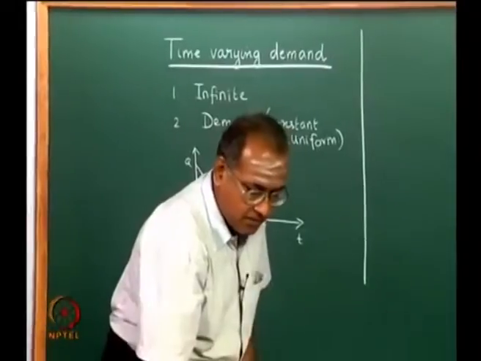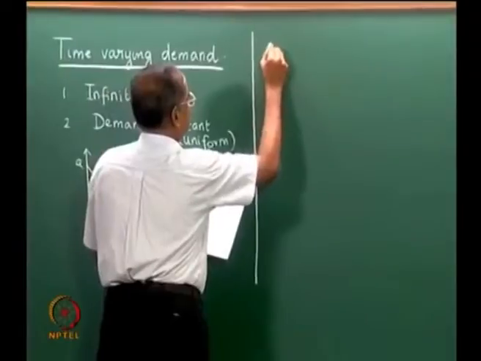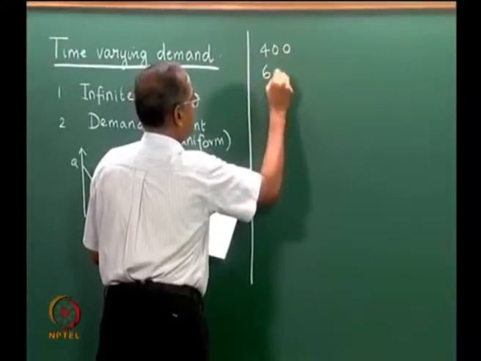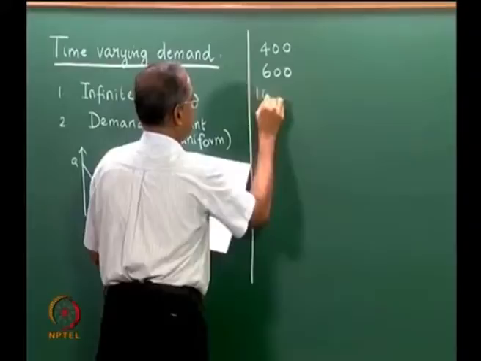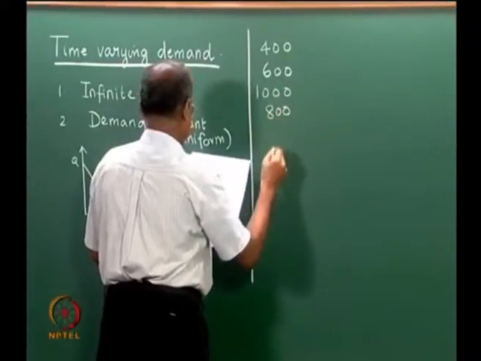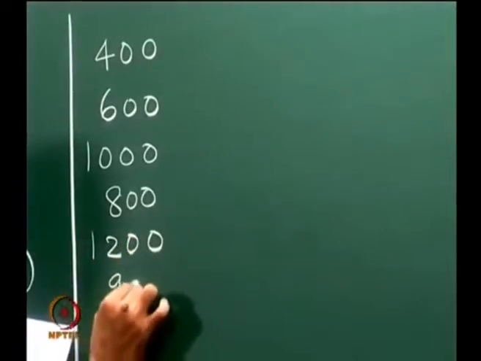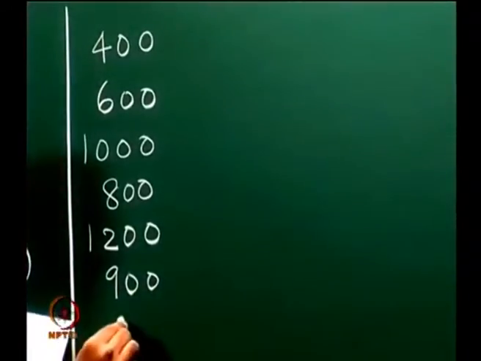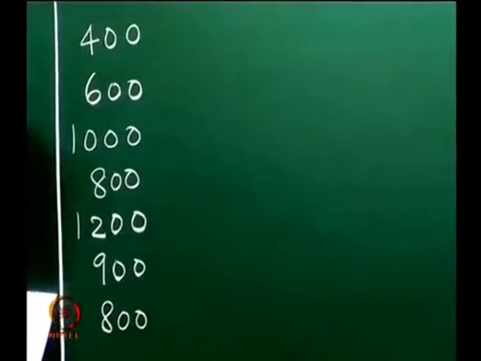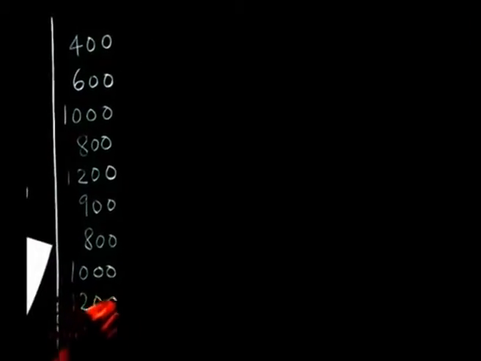We assume that we have demand for 12 months and these demands are 400, 600, 1000, 800, 1200, 900, 800, 1000, 1200, 700, 600 and 800.